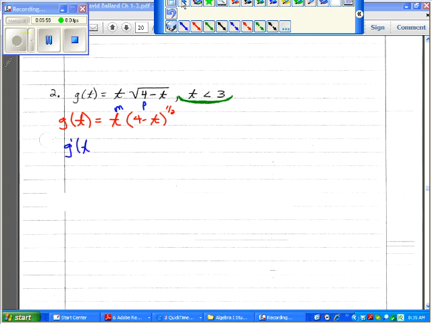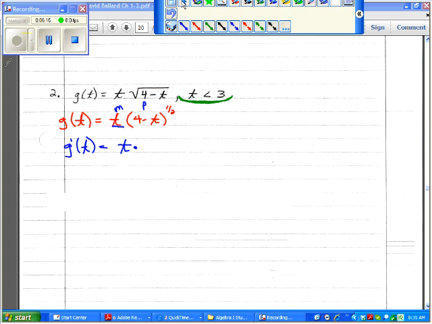g prime of t would be the derivative of the first, or rather, first times the derivative of the second. First times the derivative of the second.